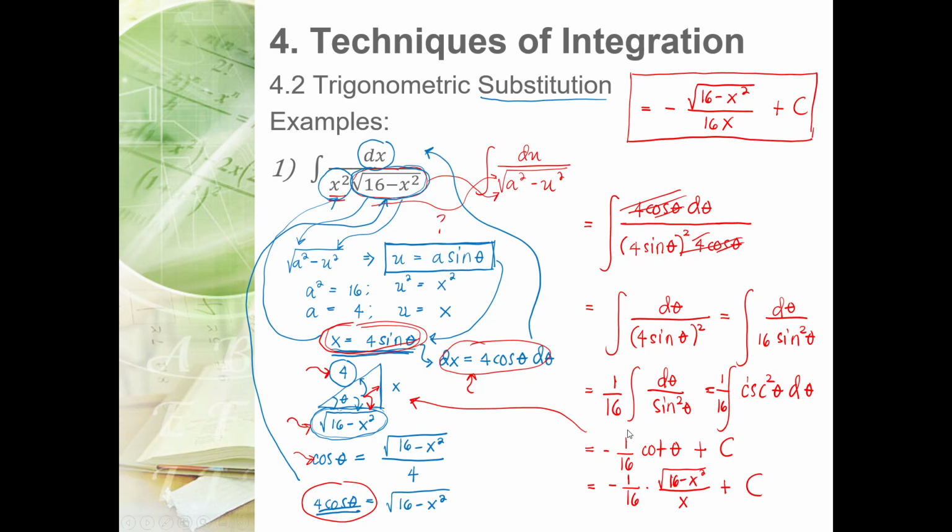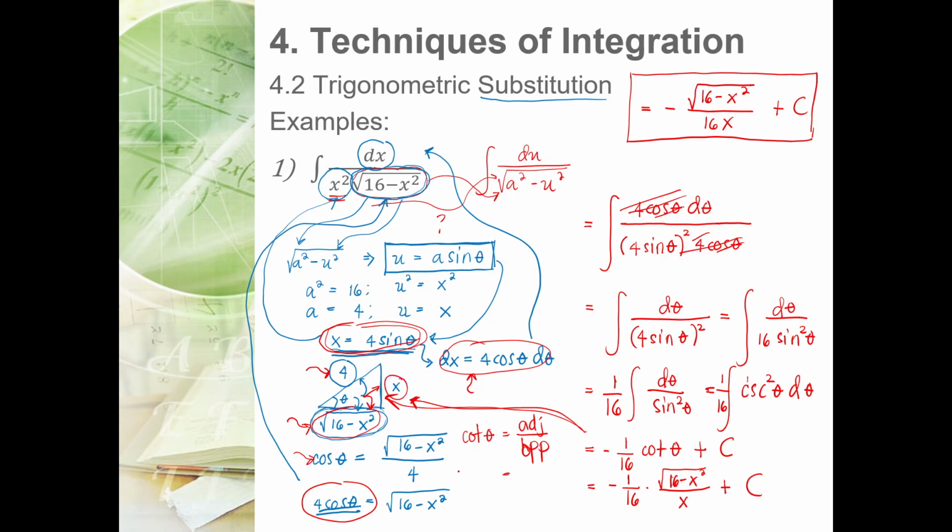In the last step, the reason it disappeared is because we transform it back to its counterpart in real values. Going back to the triangle, cotangent theta is equal to adjacent side over opposite side. The adjacent side of theta is the square root of 16 minus x squared, and the opposite side is the x parameter.